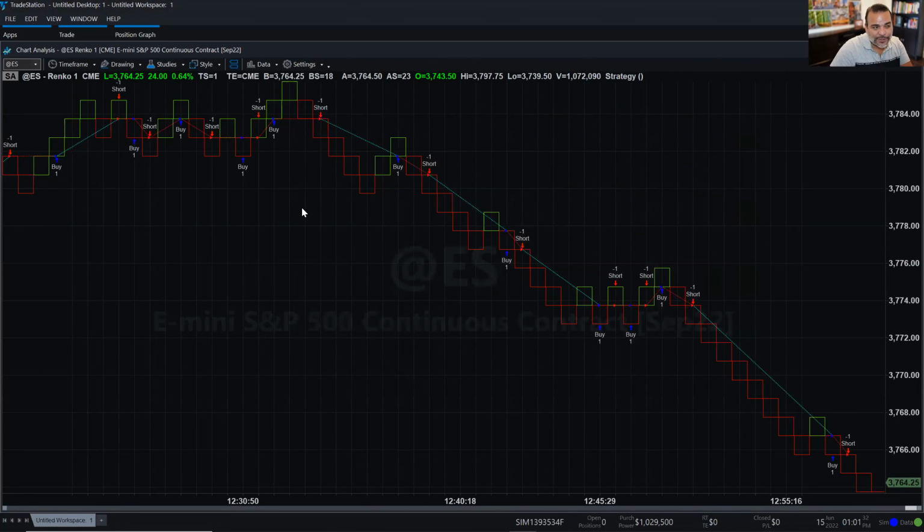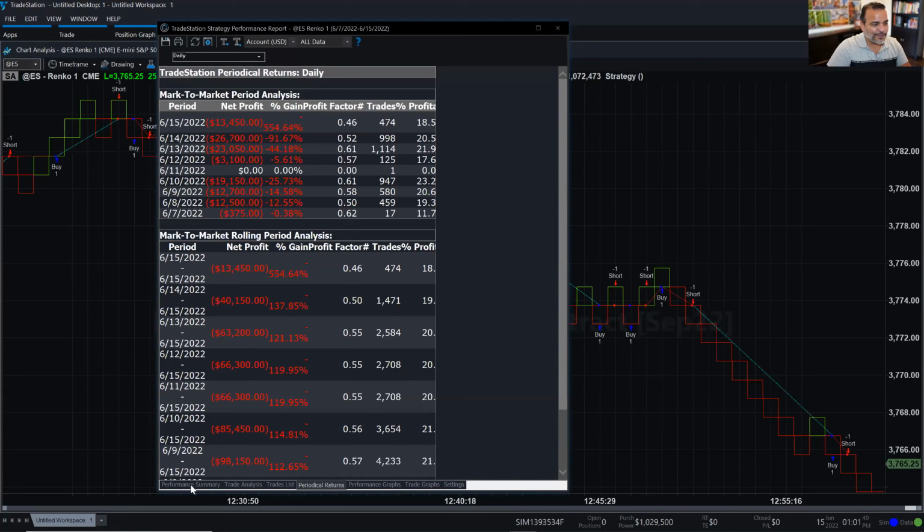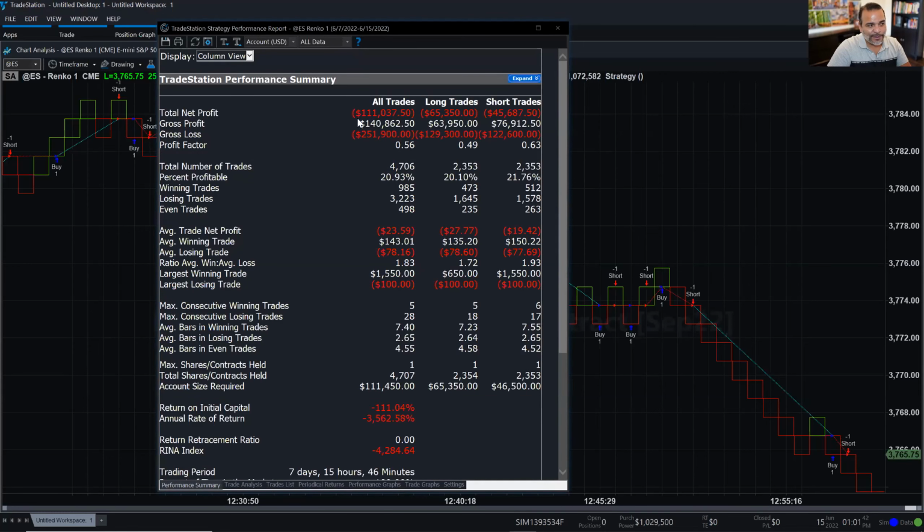So the strategy entries don't really move because they're based on the criteria in EasyLanguage. But when I go to the strategy performance report, everything turns red. Now look at the strategy. Instead of having $123,000 in profit, I have $111,000 of loss. And that's because of the frequency of trades here.